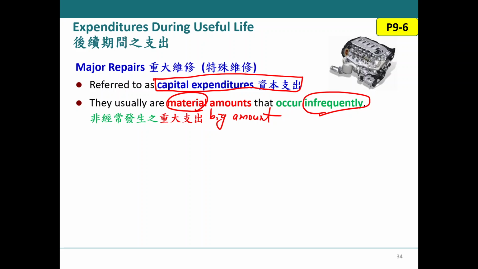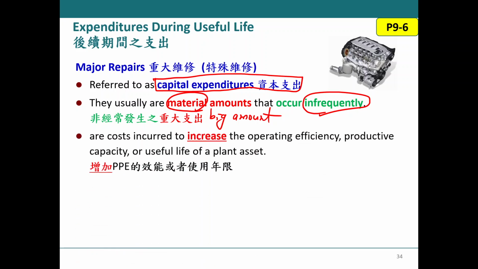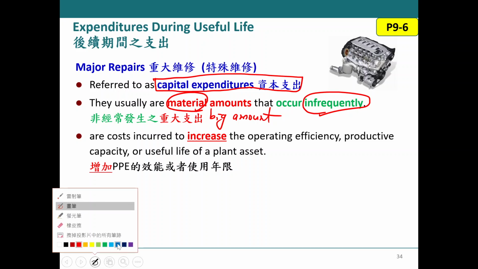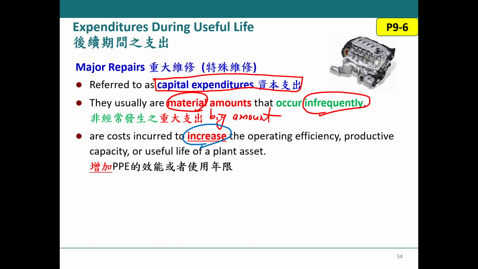So for that, is it assets or expense? Of course, assets, right? That's your investment. You invest in yourself. So of course, they will improve your abilities. So they will increase the PPE's efficiency, abilities, okay? So increase for big amount, usually they will increase your abilities, your efficiencies.